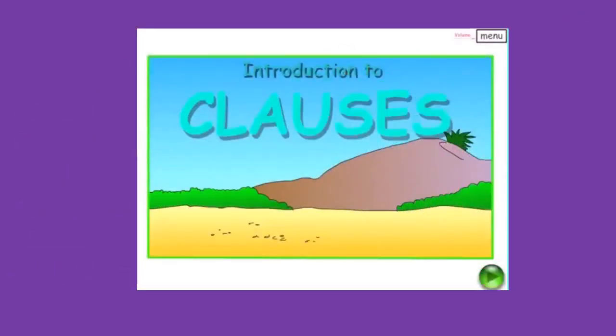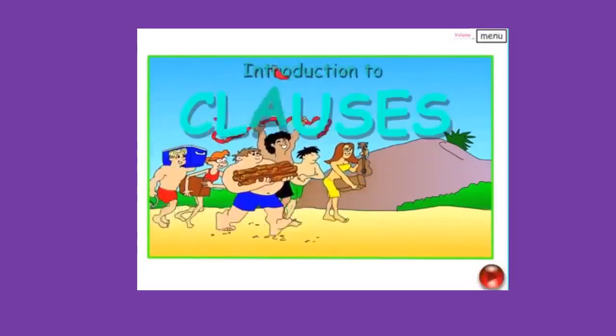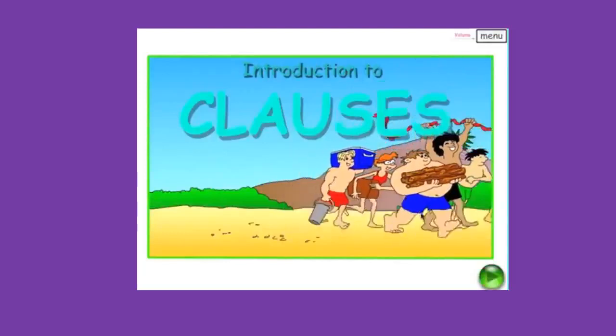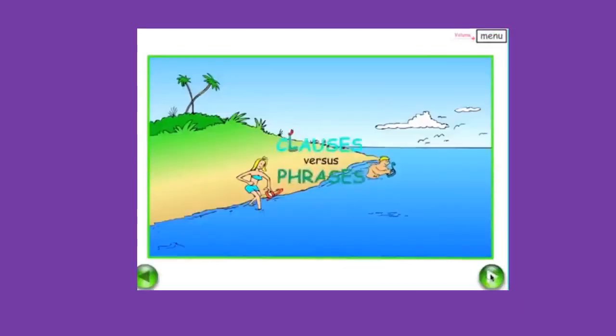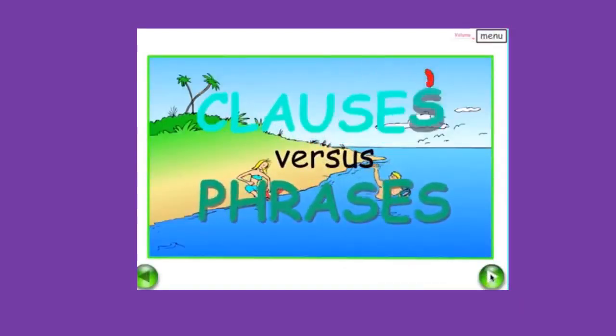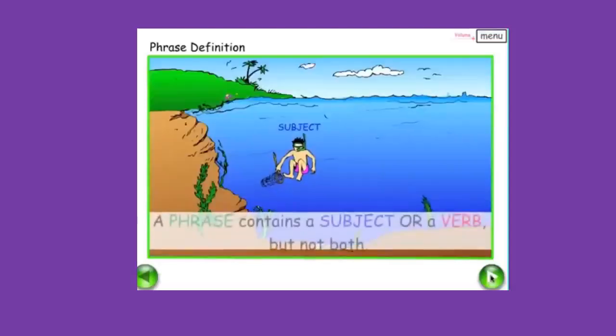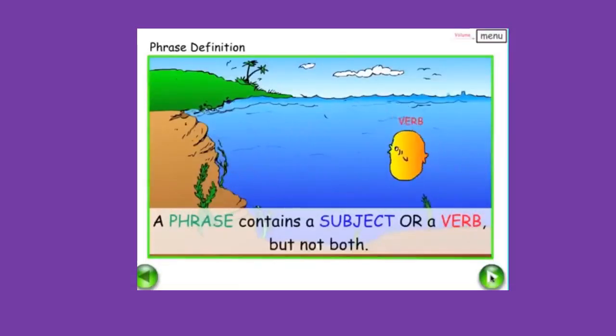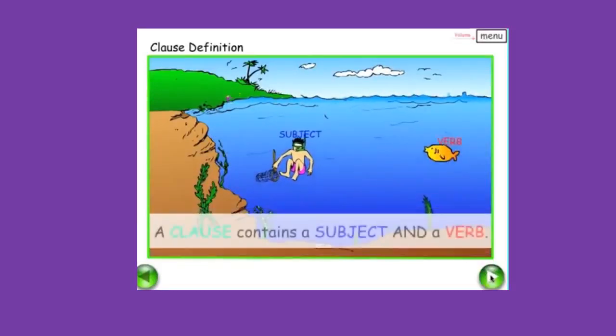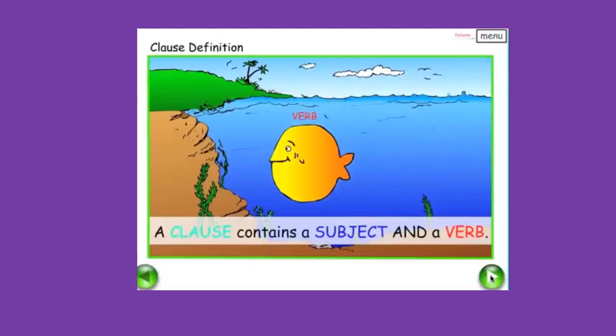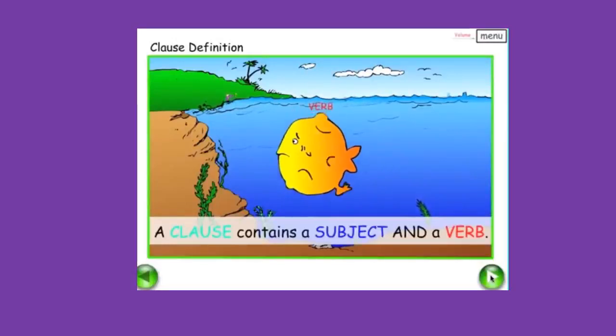Introduction to clauses. It's easy to understand the difference between a clause and a phrase if you understand one simple concept: clauses versus phrases. A phrase contains a subject or a verb, but not both. A clause contains a subject and a verb.